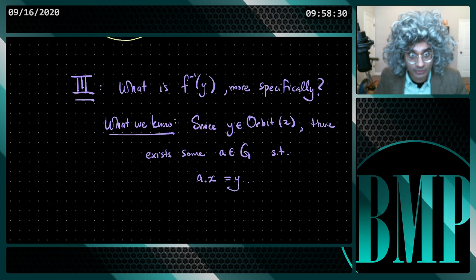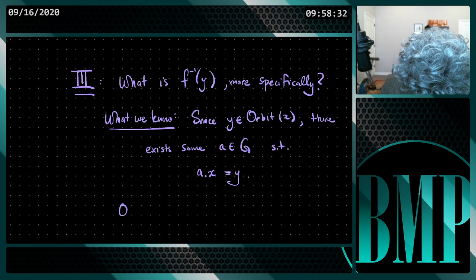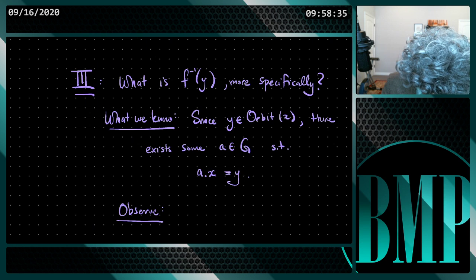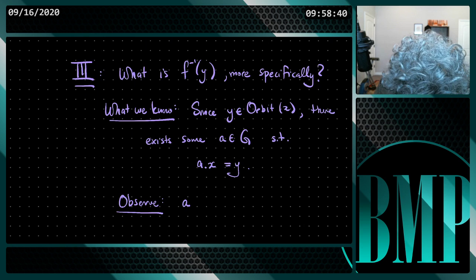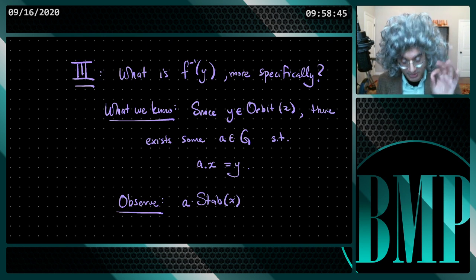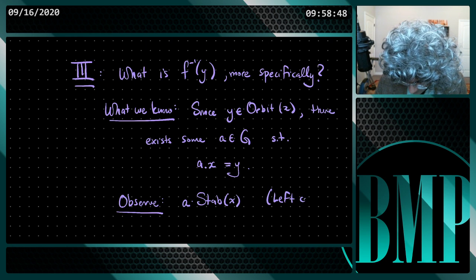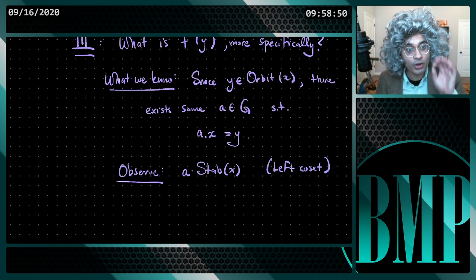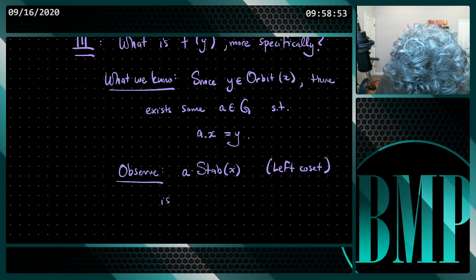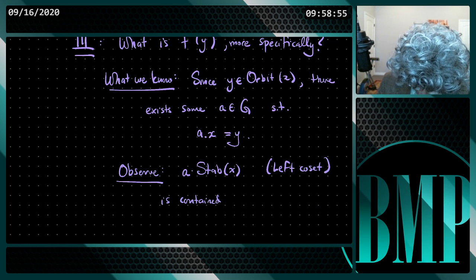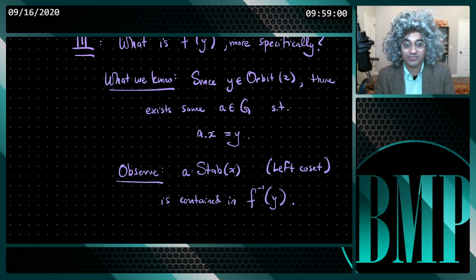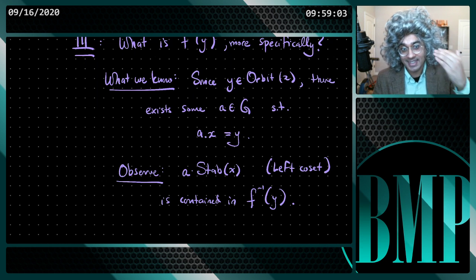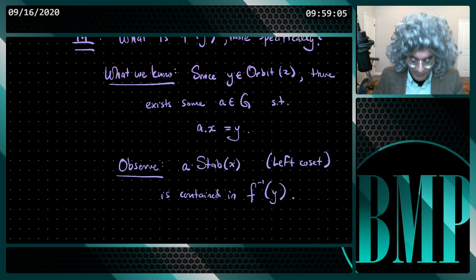And now what I'm going to observe is the following. Observe that the entire left coset, it's a left coset, the whole left coset is contained in the preimage over y. The whole left coset is contained in this preimage. Let's verify that.